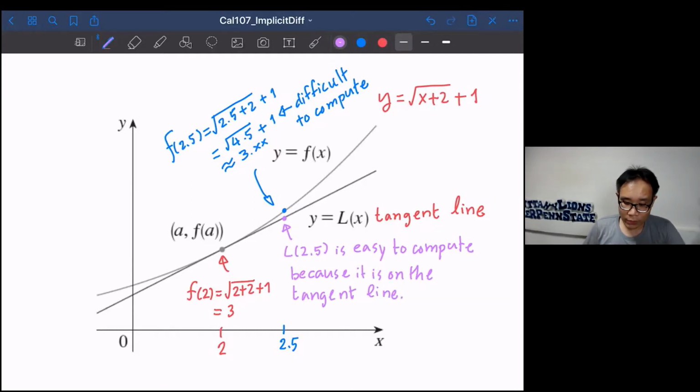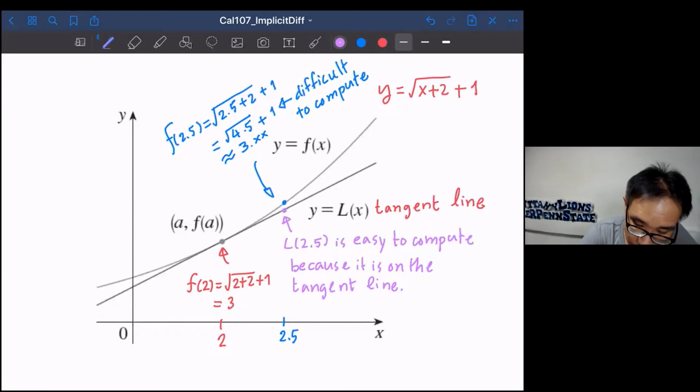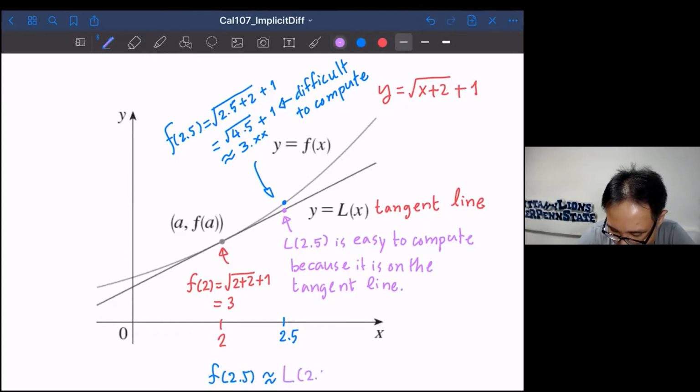So in this case, we're going to estimate f at 2.5 by using L at 2.5.